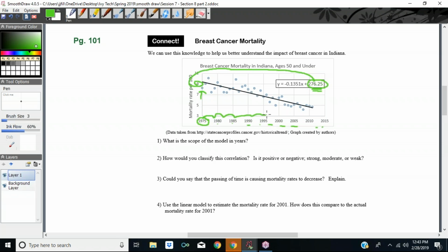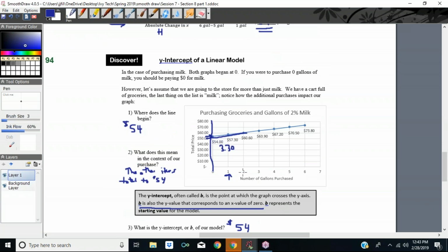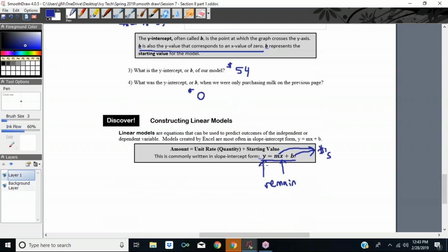How many spaces is this? And that's how you determine what value goes in for the x. And that's what we did on that previous one. Remember, we counted 1 gallon, 2 gallons, 3 gallons, and that would be the value that went there.